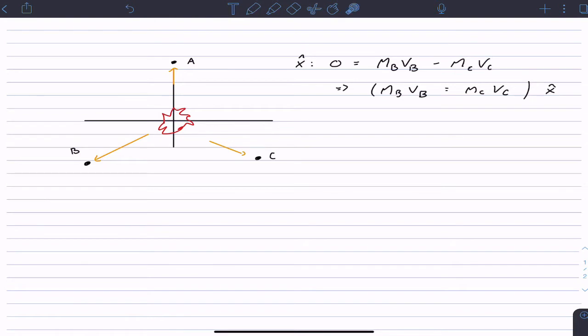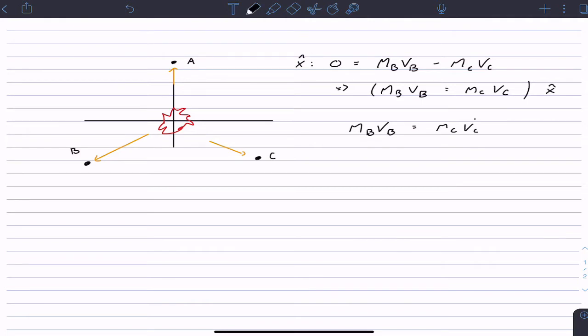So if we're talking about, initially we have a constant momentum, and this explosion happens, we're going to assume that it has a change in momentum equally in all directions. Okay, so the change in momentum is going to be an equal amount for each particle. So then, in order for that to be the case, we know from the diagram that this velocity is larger than this velocity, right?